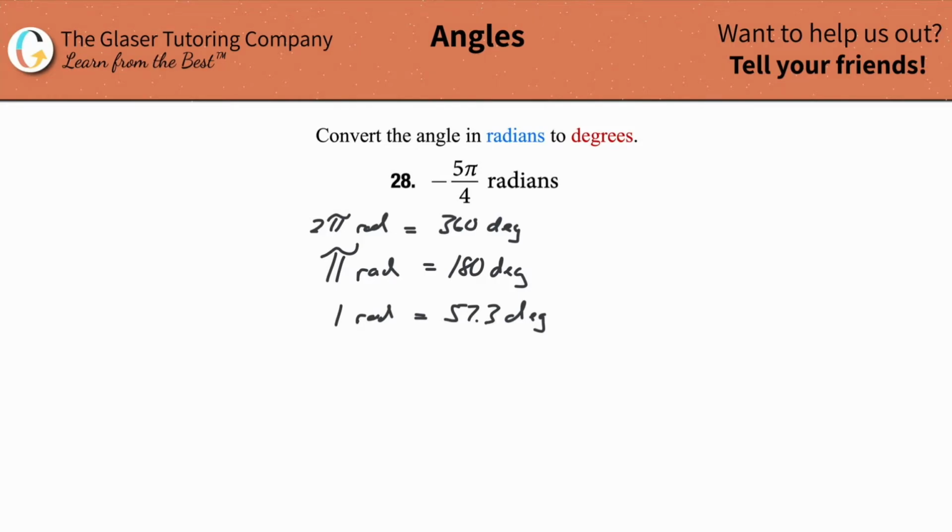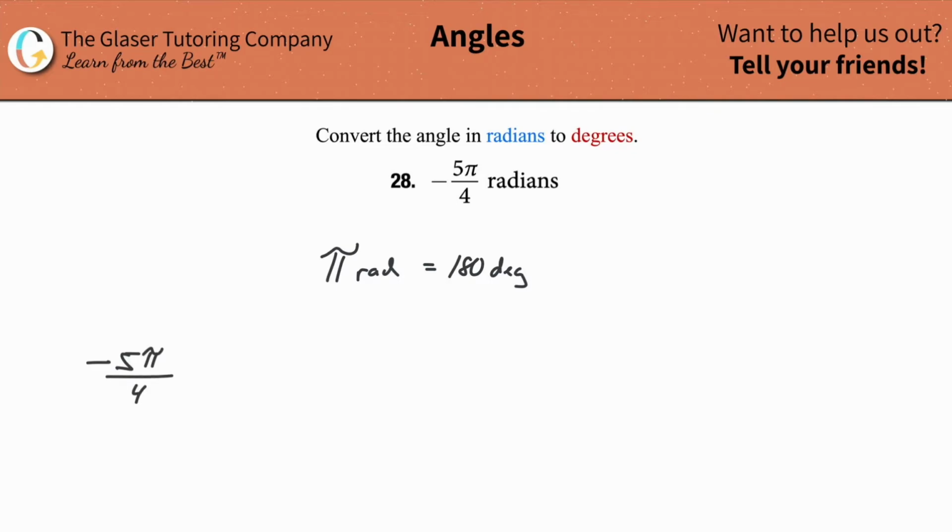But anyway, what we're going to do is focus on the first one I wrote. You could have used any one you liked there, but the first one I'm going to use. Now we're going to take our given radian measurement of negative 5 pi over 4. The unit's radians here, but you can put this unit in the numerator.